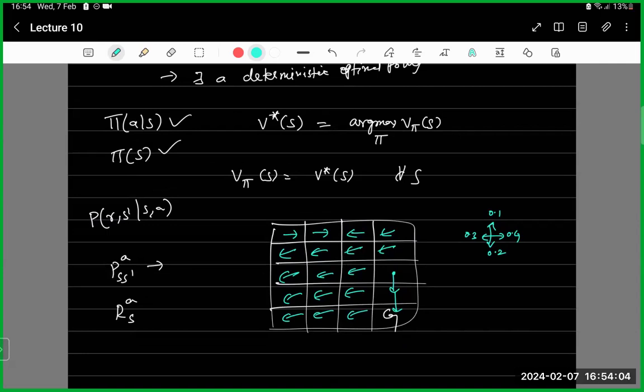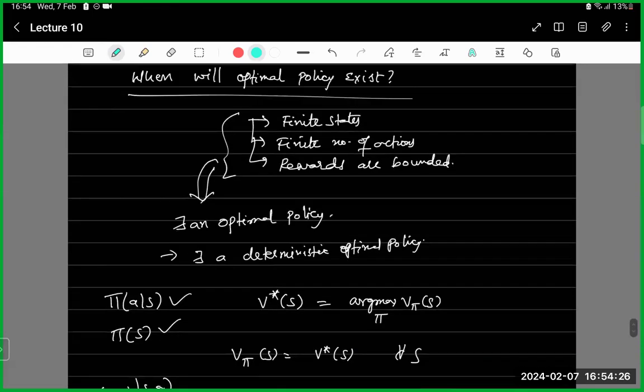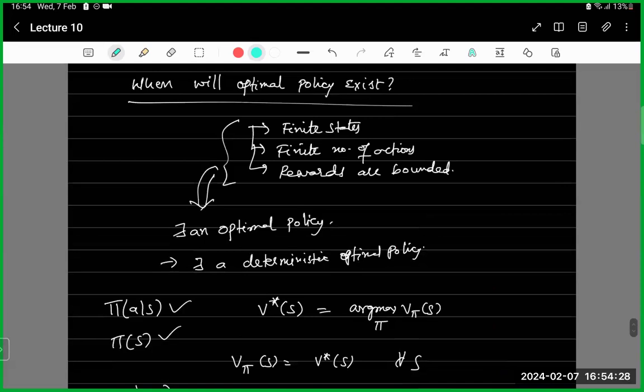Is it clear? So we know the optimal policy is just to stay right appropriately, right? So for this MDP, there exists at least one deterministic policy which satisfies optimality. That's what we are saying when we mean that there exists an optimal policy and also there exists a deterministic optimal policy.